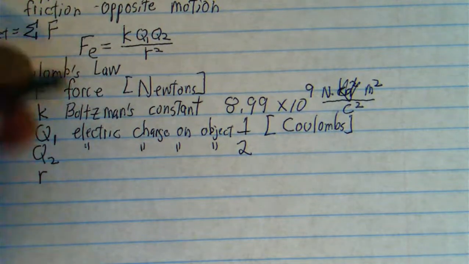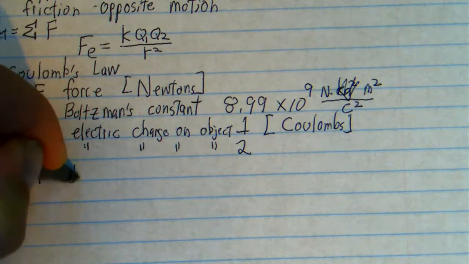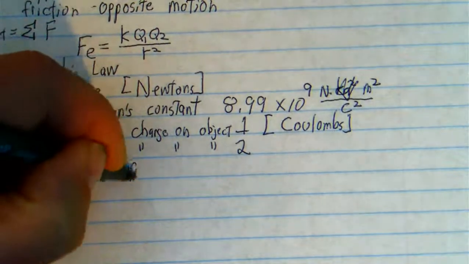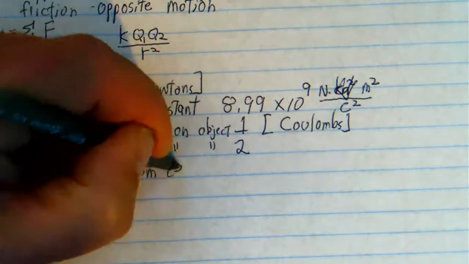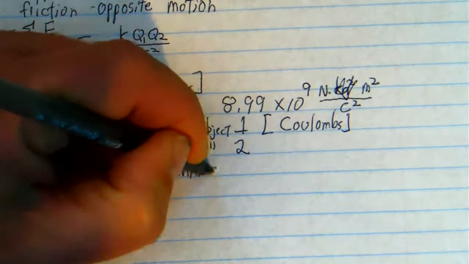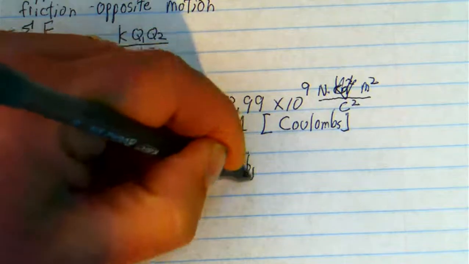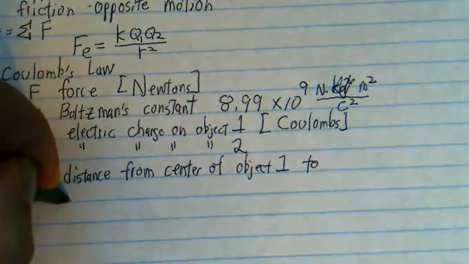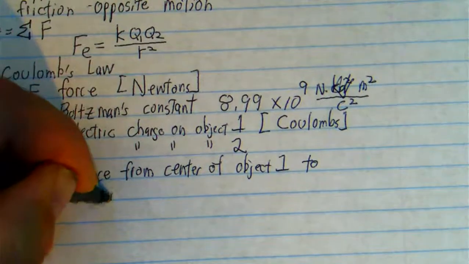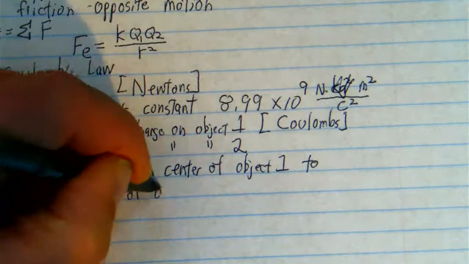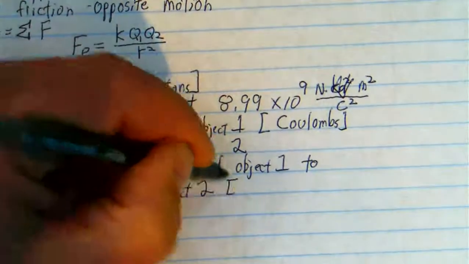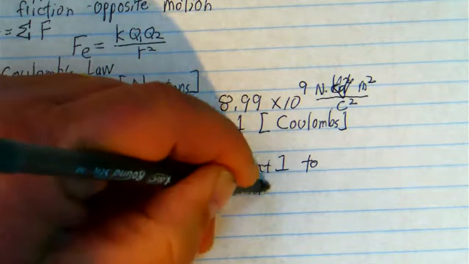R is distance from center of object 1 to center of object 2, and the units are meters.